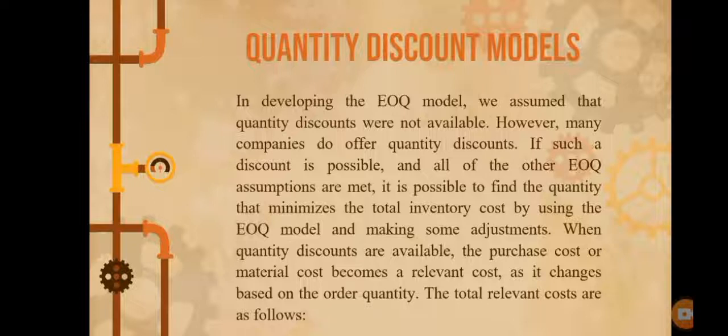If such a discount is possible and all of the other EOQ assumptions are met, it is possible to find the quantity that minimizes the total inventory cost by using the EOQ model and making such adjustments. When quantity discounts are available, the purchase cost or material cost becomes a relevant cost as it changes based on the ordering quantity.